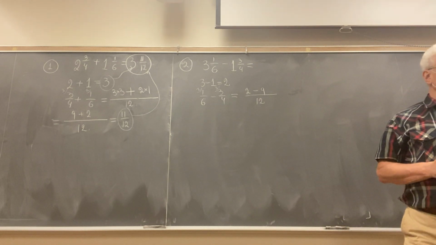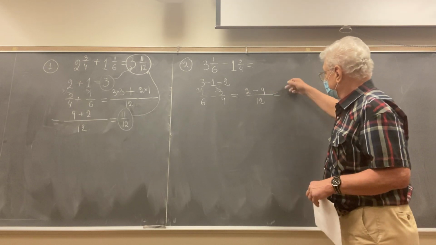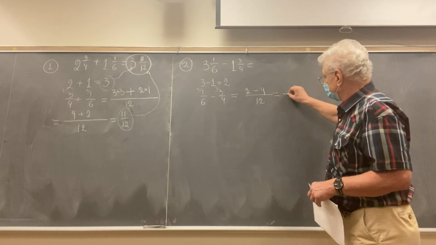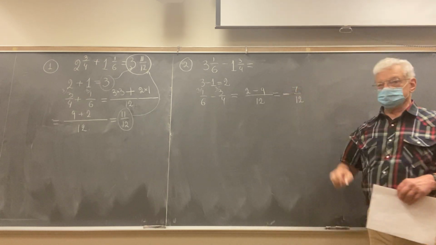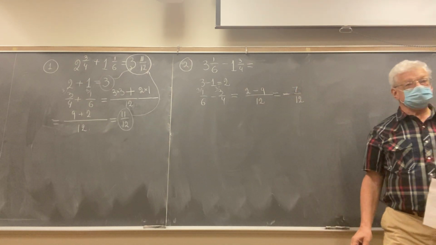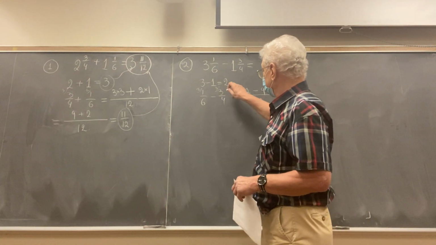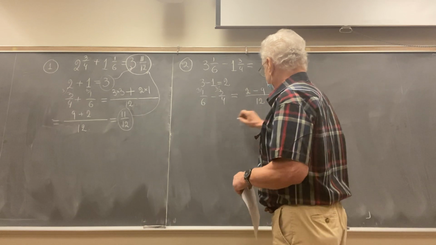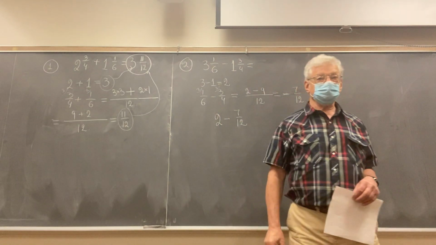What is 2 minus 9? -7. -7. So you write -7 over 12, but you write minus in front. -7/12. What does this minus mean? It means that you have to subtract. So therefore now you have the following. You have integer part 2, and you have to subtract 7/12. Do you recognize this problem?